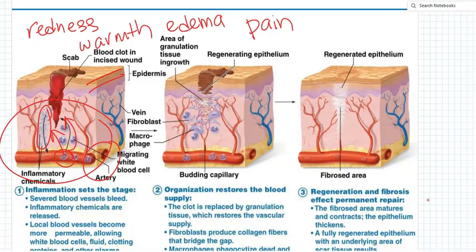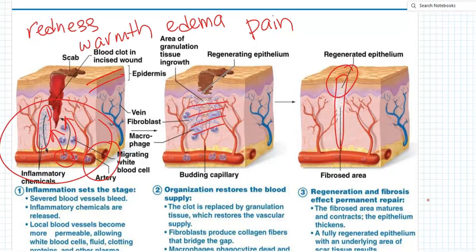Okay? Now, the cells that surround the injury, the fibroblasts, start producing connective tissue. You see those fibers here? Yeah, so they fill up the gap. Everything's hunky-dory once the connective tissue is fixed. Epithelium regenerates. This, what do we call this?